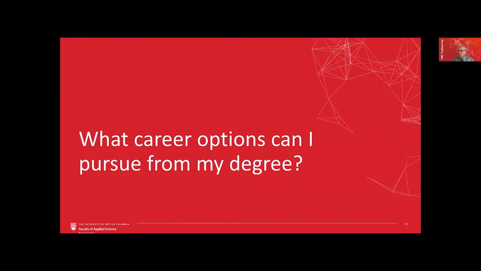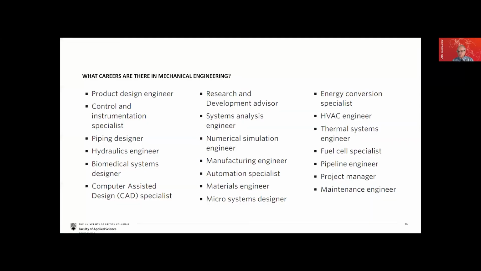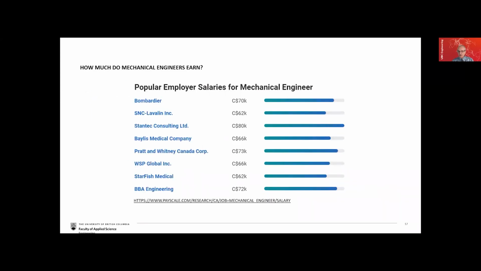And what are the career options? Well, because so many industries are hiring, you may find mechanical engineers pretty much everywhere. In any industry, in substantially big industrial enterprise, there will be mechanical engineers on staff. And they are quite generously compensated for their work.